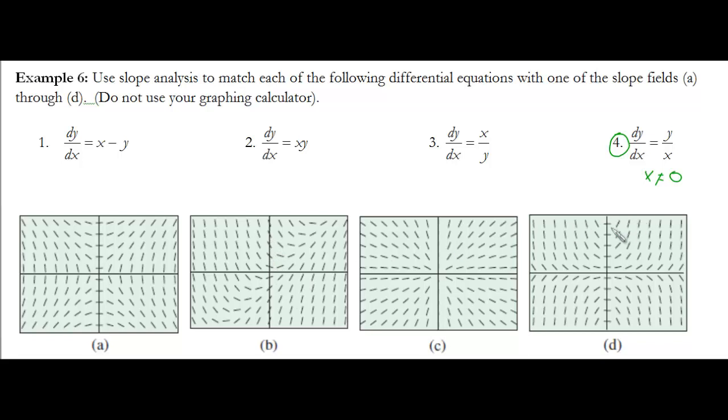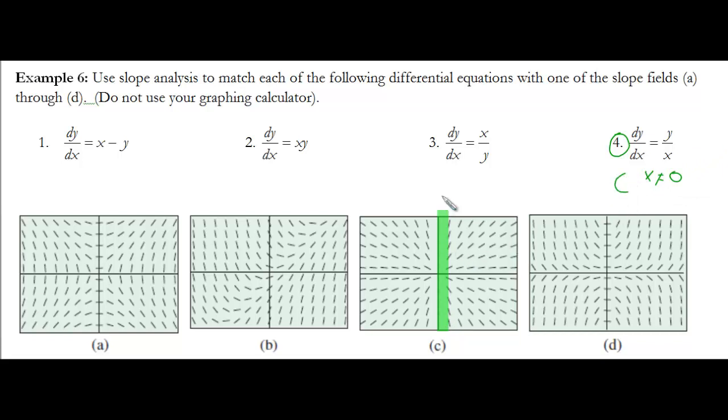Here there's some slopes when x is 0. So number 4 must be C, because there is a section here that does not have any slope values at all for when x is 0. So the answer for number 4 would simply be C.